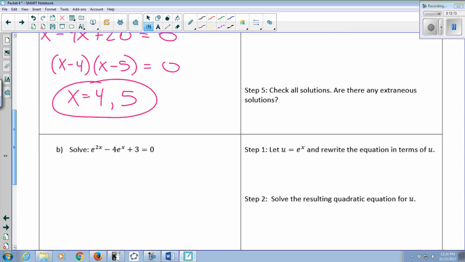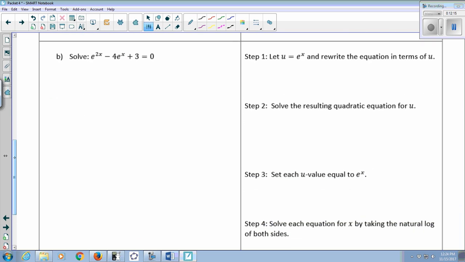All right, with this one, we have an exponential equation, but it also looks a little bit quadratic. There's like a squared and a first and a constant. So I'm going to let u equal e to the x and rewrite my whole equation in terms of u.